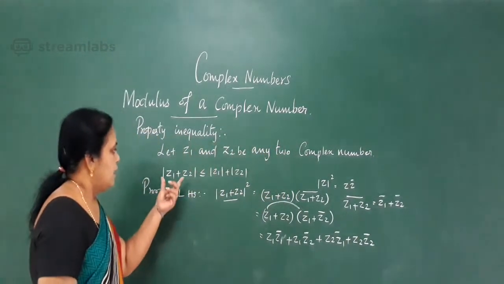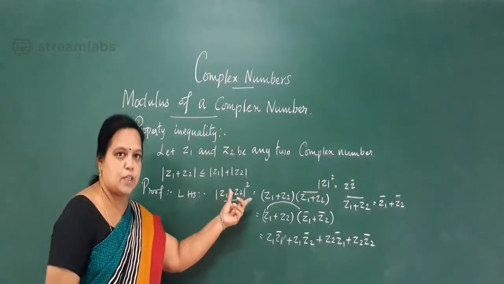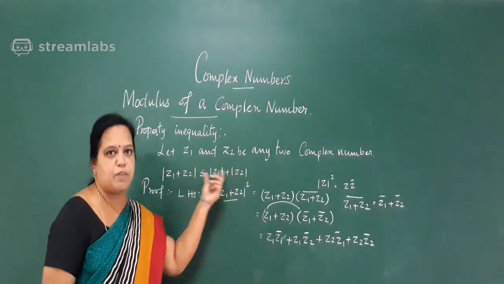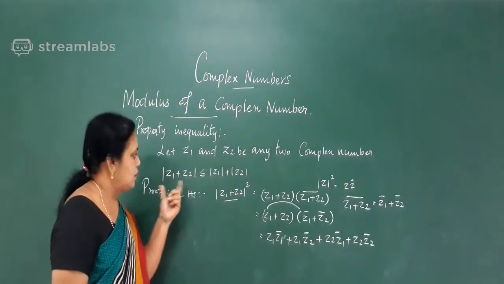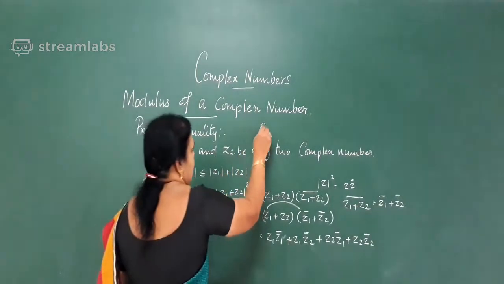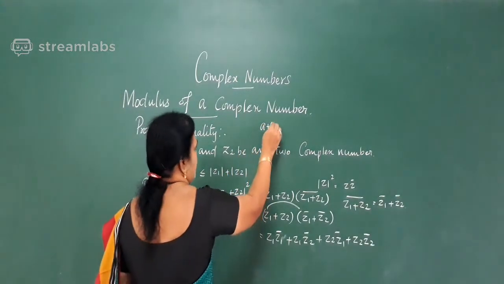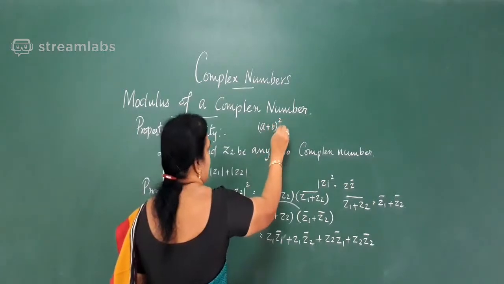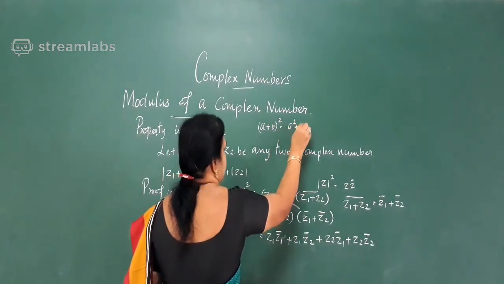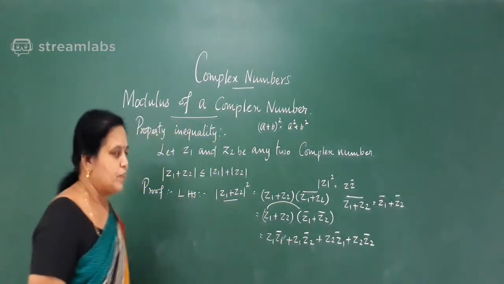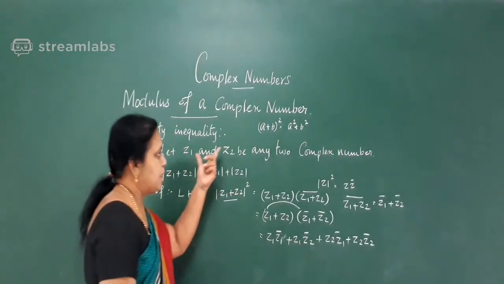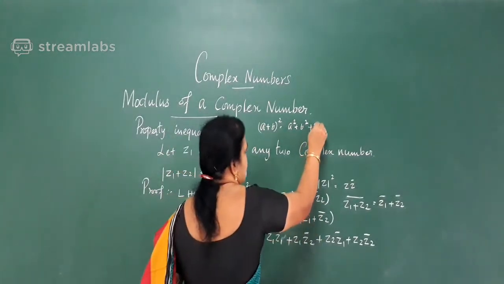See here, a plus b whole square is equal to a square plus b square, like we have to bring. It is the same, but plus 2ab will come.